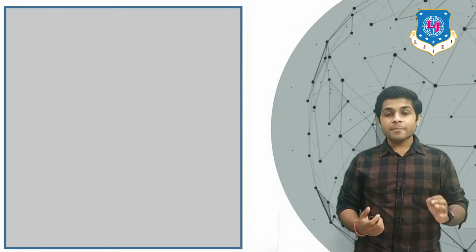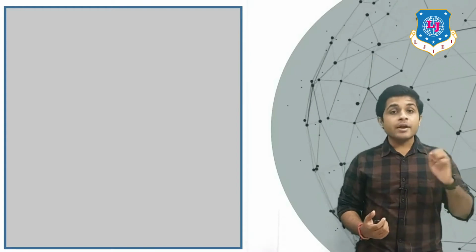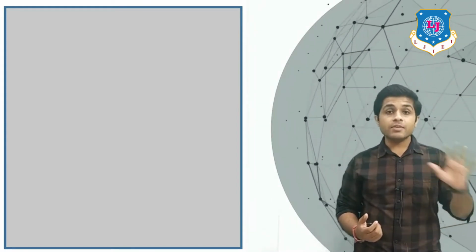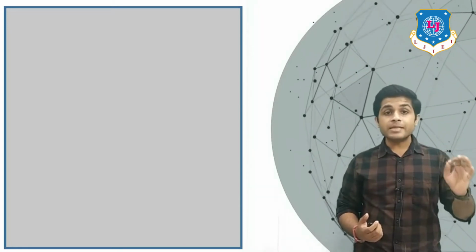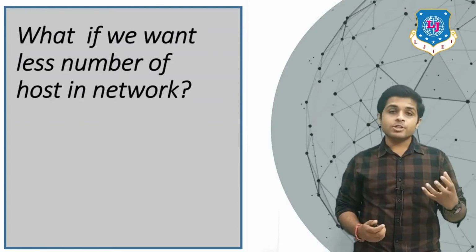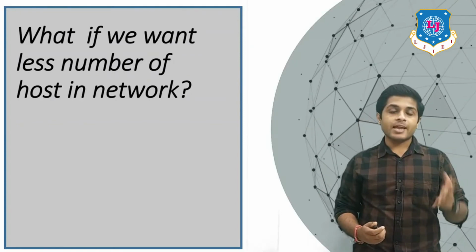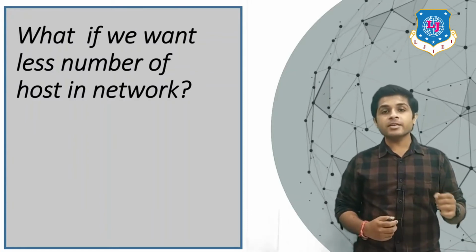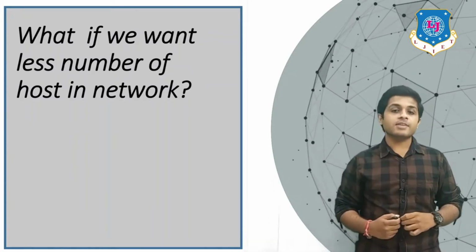So when we need to create a network with fewer addresses than the given one, in that case we will divide the network into smaller parts. That process is known as subnetting, and subnetting is also known as classless addressing.